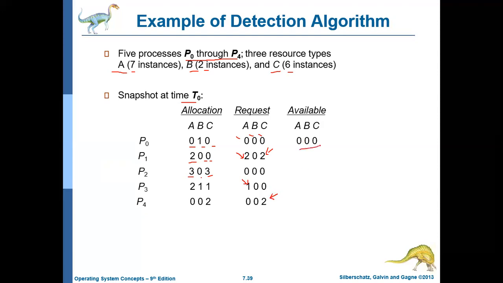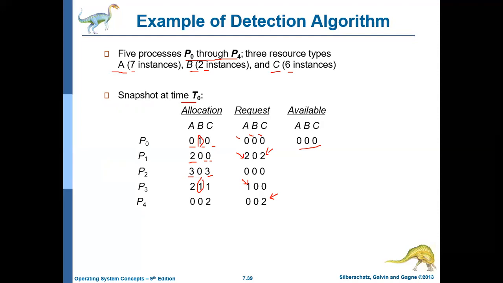And this is the available state. Available is 0. That is, currently no resources are available with the operating system, because totally the operating system has 7 instances of A. So if you count this, 2 plus 3, 5, 5 plus 2, 7. All 7 are allotted to various processes of resource type A. Similarly, there are 2 instances of B, and those 2 are already allotted to some processes.